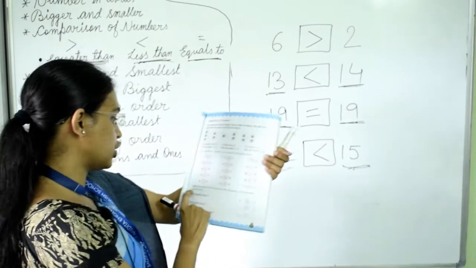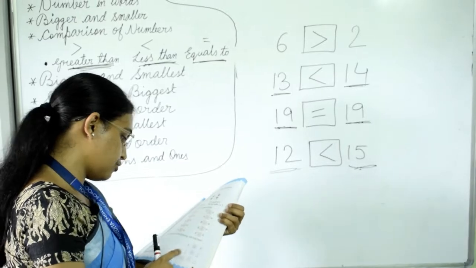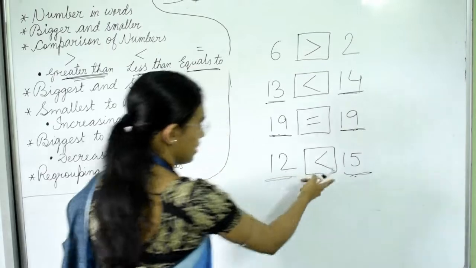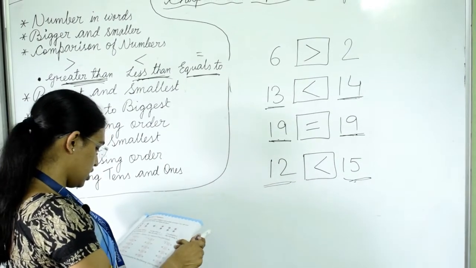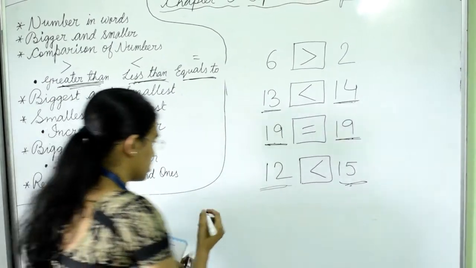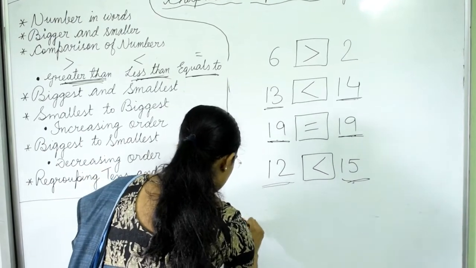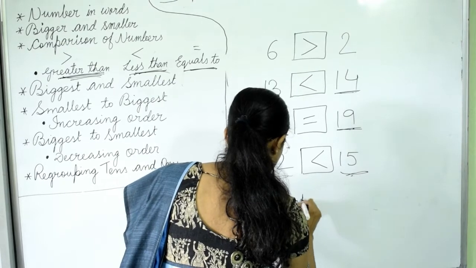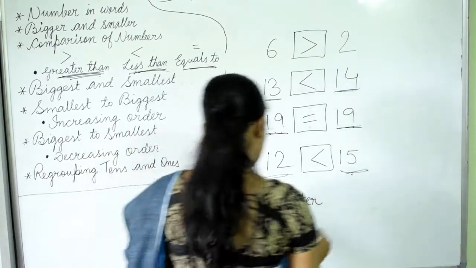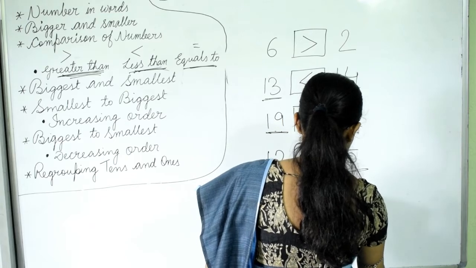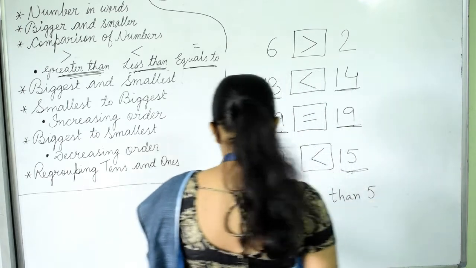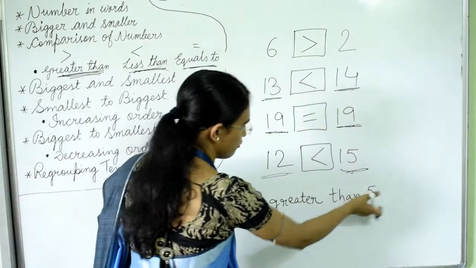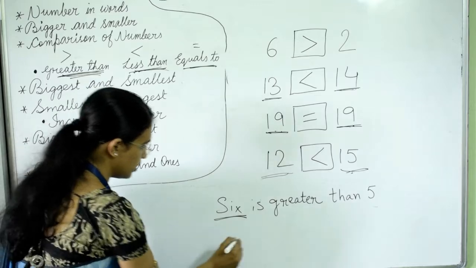Now in the next question, write the numeral statement for the following. One has been done. Here on both sides the numbers are written, but if the question is like this, 6 is greater than 5, then first we have to put the number.